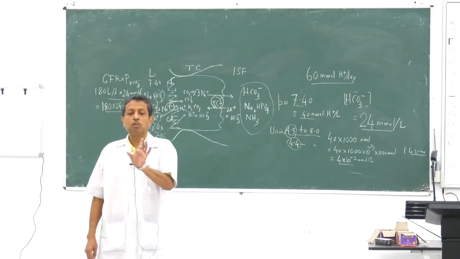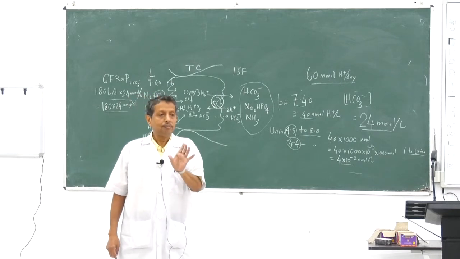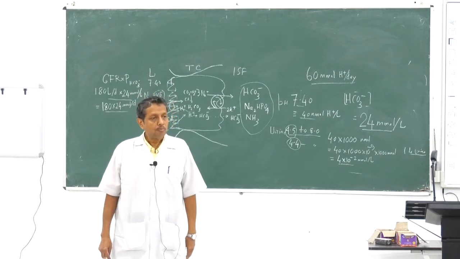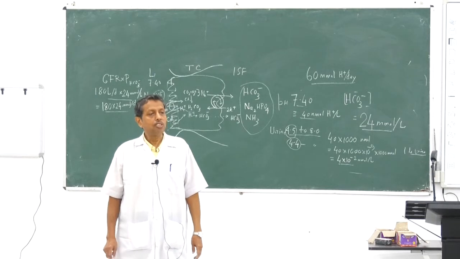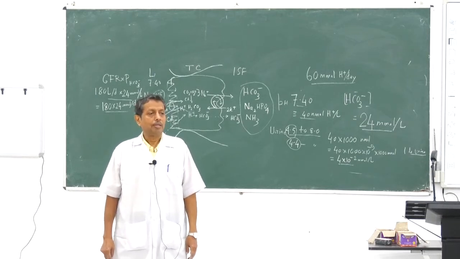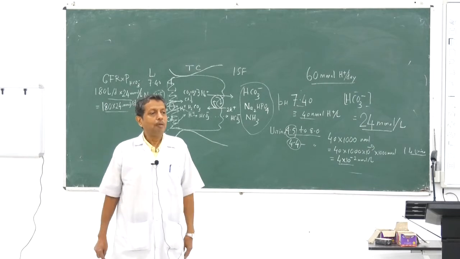And life is possible within a narrow limit, pH 7.0 to 7.7 of the arterial plasma, beyond which life is not possible.